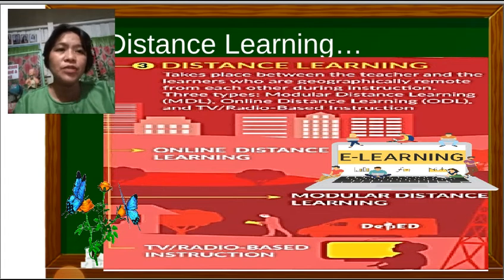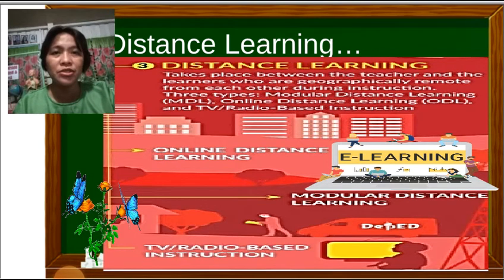The modular distance learning, which uses modules, copied handbooks or activity sheets given to the learners. And we have TV and radio-based instruction, which is on air. It can spread through radio or television, and the instruction is based on the radio and television.